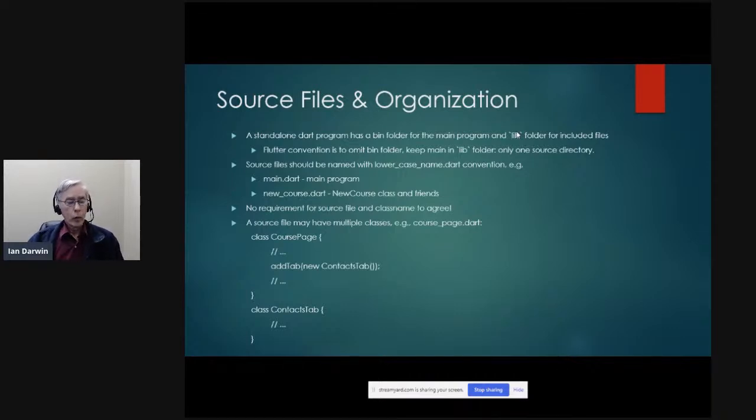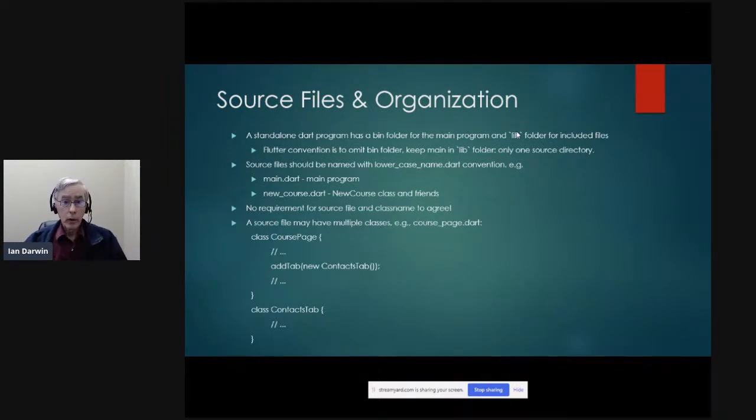Source files are named with the lowercase name with underscores convention. So we might have main.dart and new_course.dart. New_course.dart would contain the source for class NewCourse, which is written in the Java way with capital letters on word boundaries.